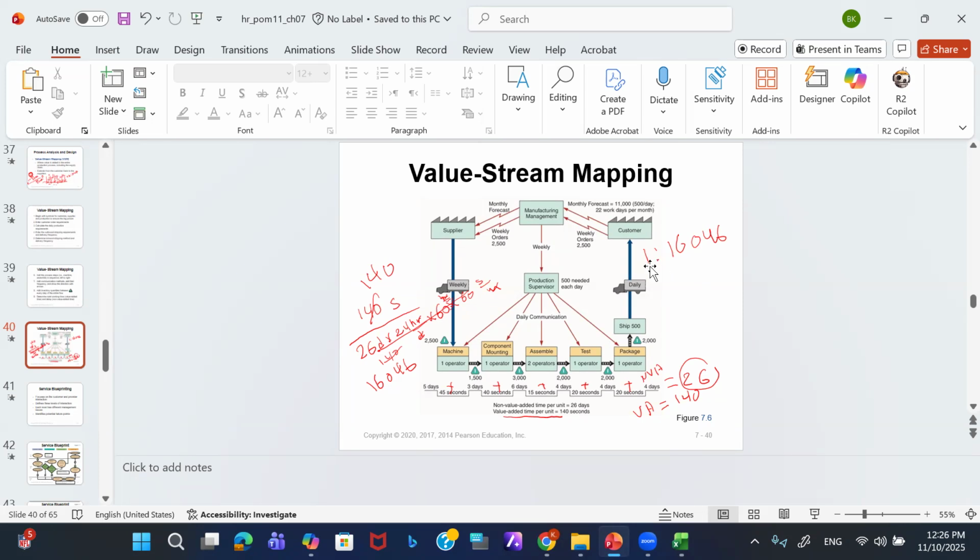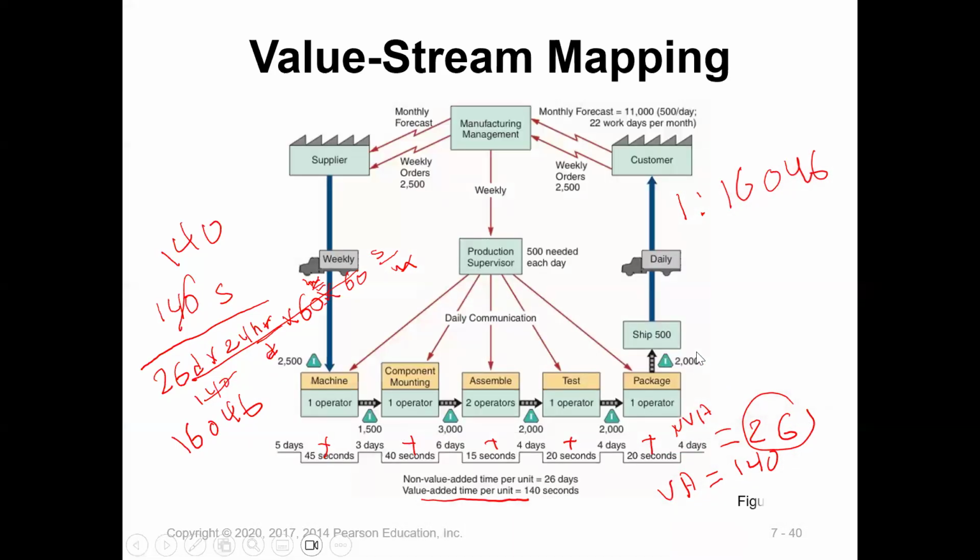It means for each second which has value, where you produce something, you have 16,000 seconds waiting and wasting. That's the meaning of that.